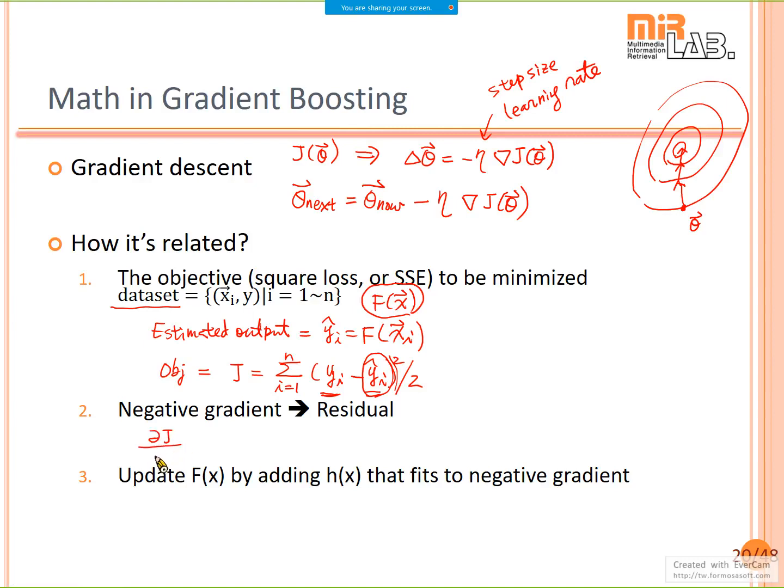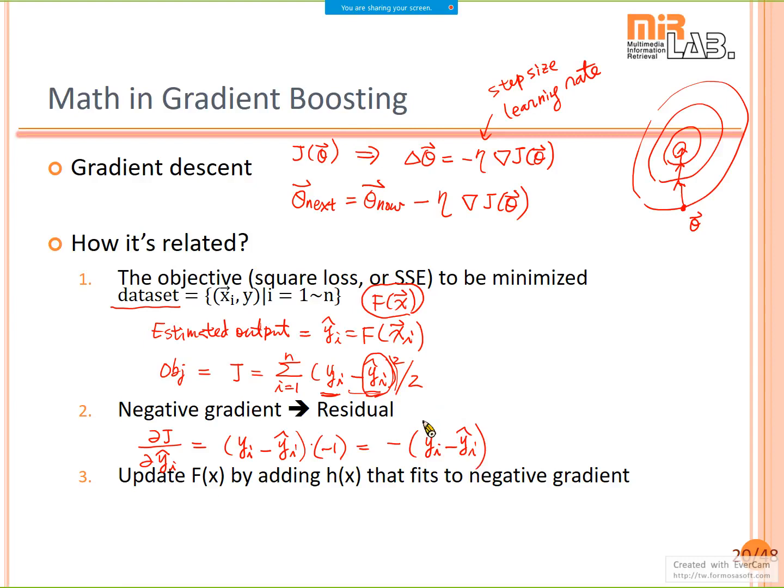Partial J over partial yi hat will be equal to yi minus yi hat, and because of the chain rule, we need to find the derivative of minus yi hat with respect to itself. So we are going to multiply this by minus 1. So this is equal to minus (yi minus yi hat).